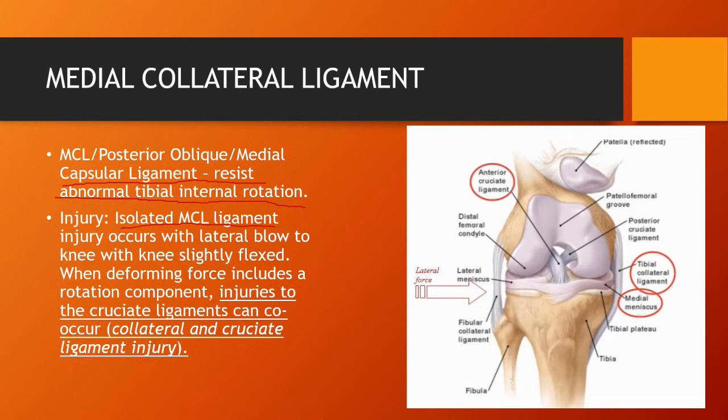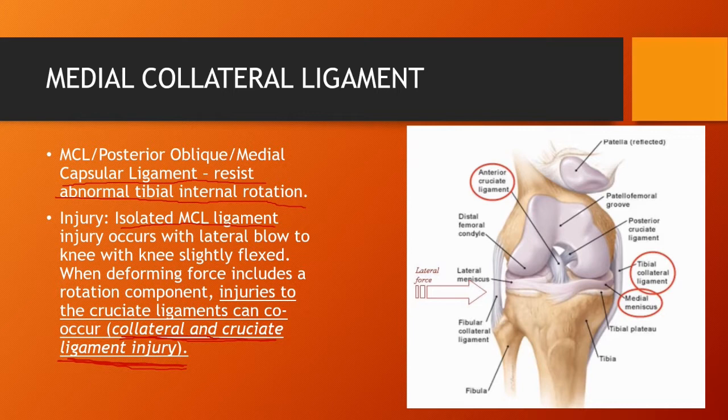And this is one example where we're going to be able to provide for the higher impairment rating due to combined collateral and cruciate ligament injuries. So I'm going to point out these examples in these types of injuries that result in combined ligamentous injuries to the knee.